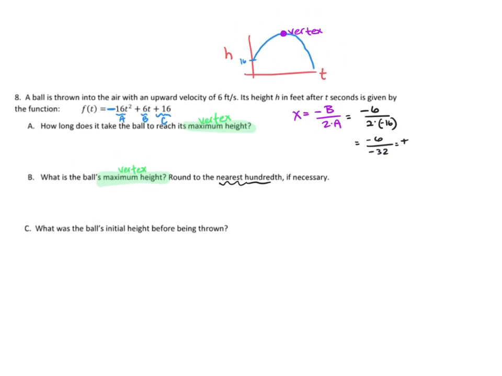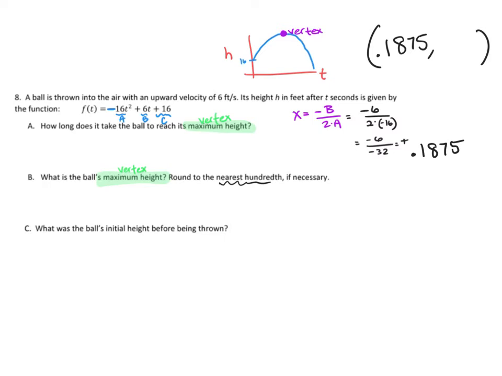And 6 divided by 32 is positive 0.1875. So x equals 0.1875. And I have my x value of the vertex, 0.1875. Now let's calculate the y value of our vertex.